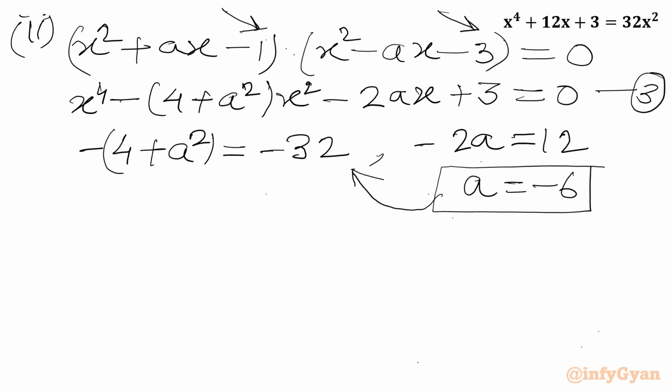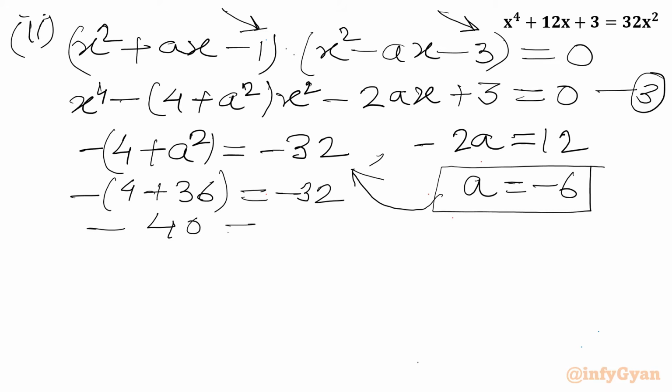If it satisfies, then we will accept. So -(4 + (-6)^2) = -(4 + 36), is this equal to -32? -40. Is this equal to -32? No. So this value will be rejected, and the second case also.